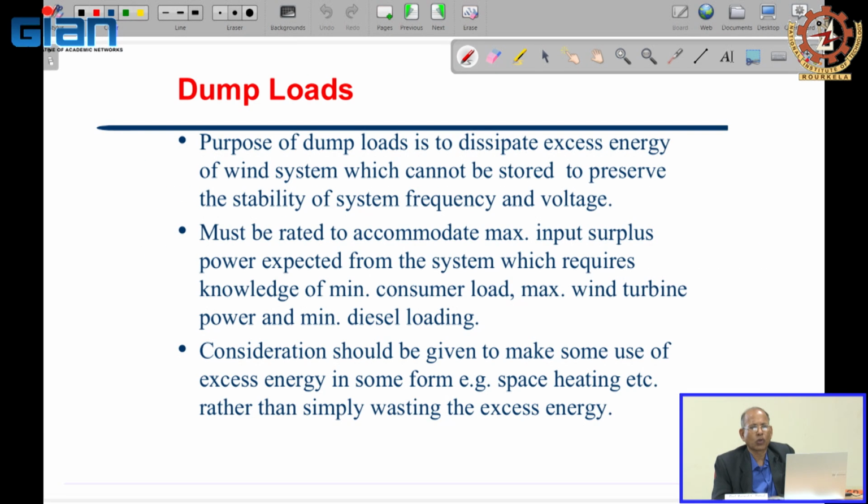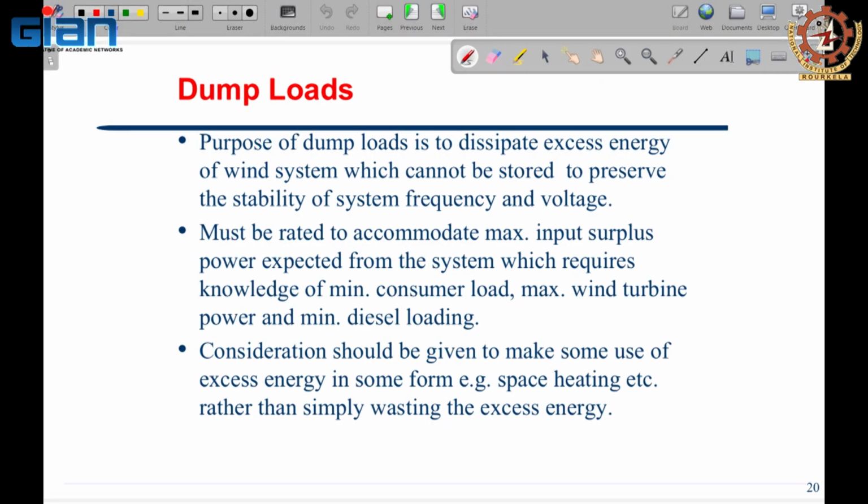Then talking a little bit about the dump loads, where you have excess power generation that you are going to dump. The purpose of a dump load is to dissipate excess energy of the wind system. You are not generating electricity from the diesel and dumping it. It is the excess energy from the renewables, even after you have charged your batteries, and still the power from the wind is more.